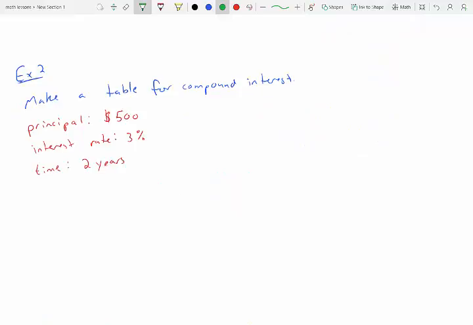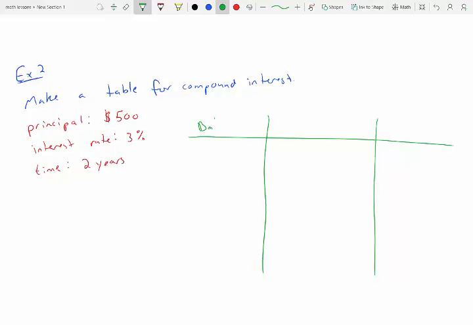Scroll down to example 2. It says make a table for compound interest. So the way I'm going to make a table is I'm going to need 3 columns. And I'm going to have this be my balance, and have the middle one be my interest, and I'm going to have this one be balance again. So if I fill this in, I have a principal of 500, an interest rate of 3% in 2 years. So again, let's change this right away and use 0.03.